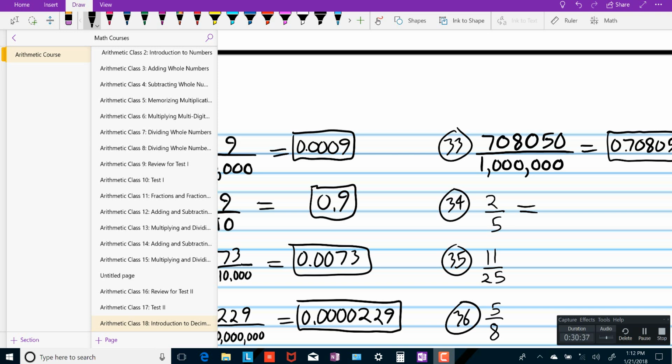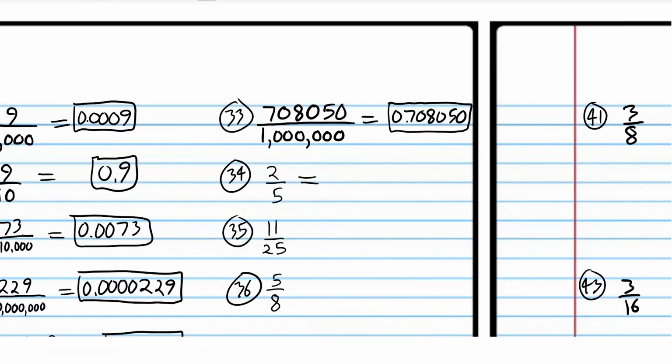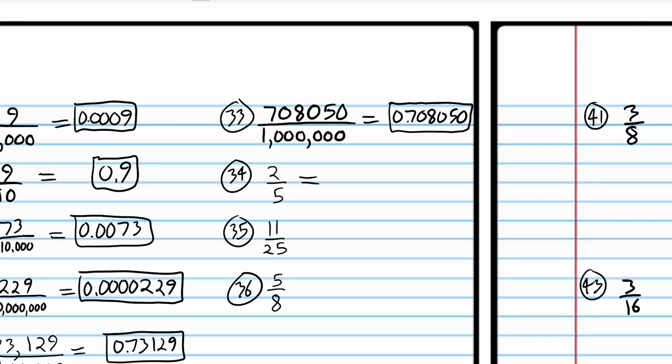Well, the way that we convert 2/5 to a decimal is we multiply both sides by 2 to get 4/10, and now we have a fraction with a power of 10 in the denominator. So now, because we have 10 in the denominator, we can write it as a decimal with 4 in the tenths place.